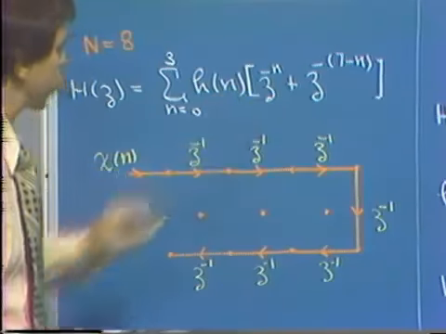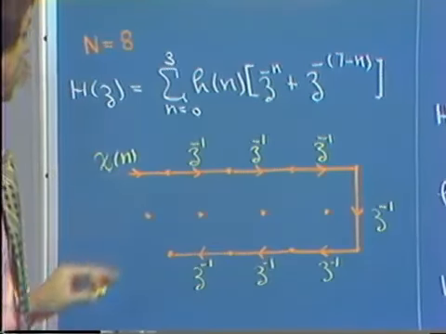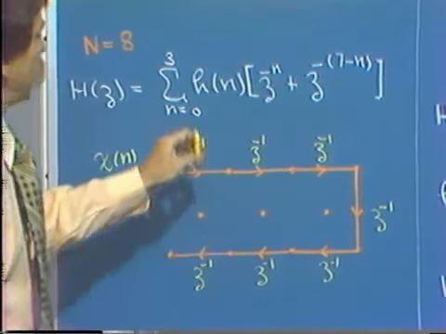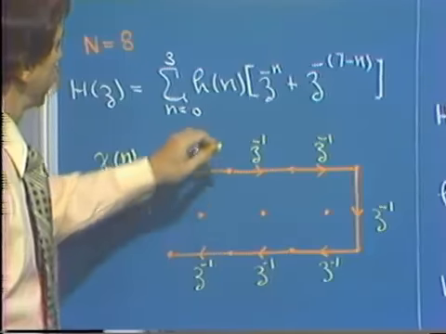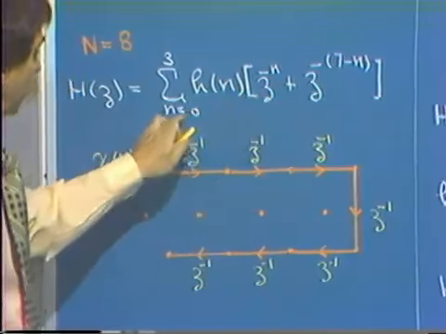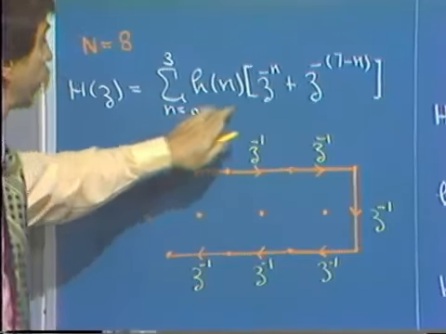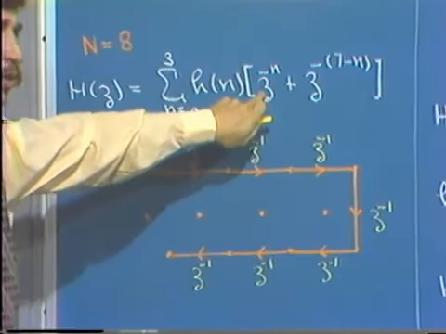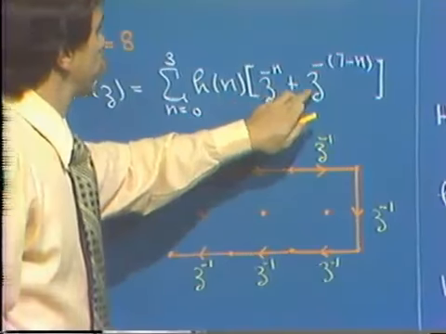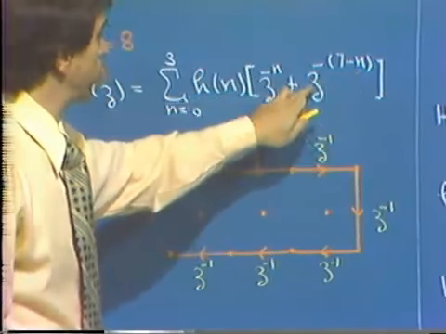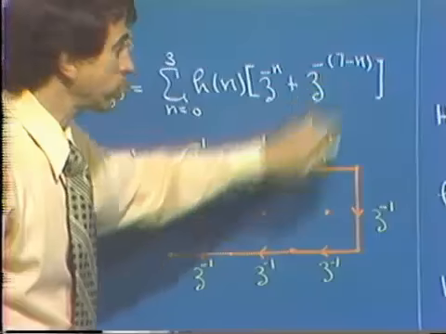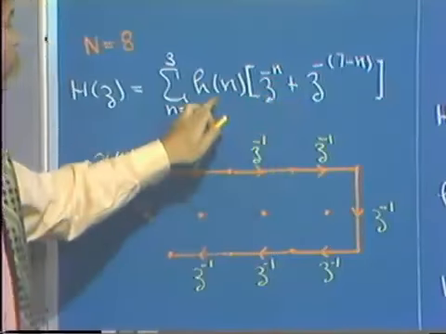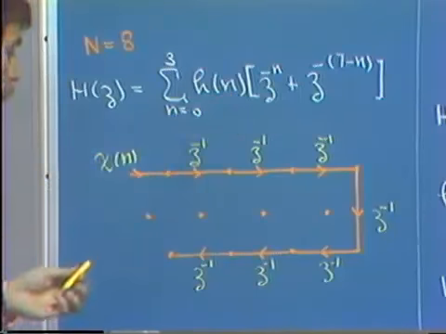To see what structure is implied by this, we recognize that H of z is constructed by summing systems corresponding to delays. Looking at this expression for n equals 0, no delay gives a transfer function of 1, plus a delay of 7. Those two outputs are added together and multiplied by h of 0.